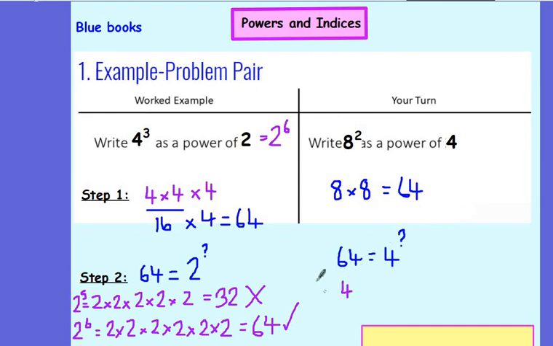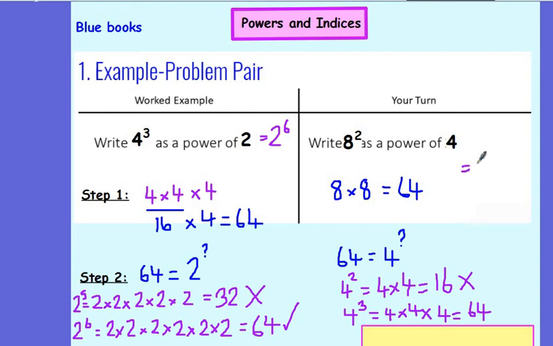Let's start small. 4 squared is 4 times 4, which would give me 16. That's not big enough. How about 4 cubed? That's 4 times 4 times 4, which would give me 64. So my answer is 4 to the power of 3.